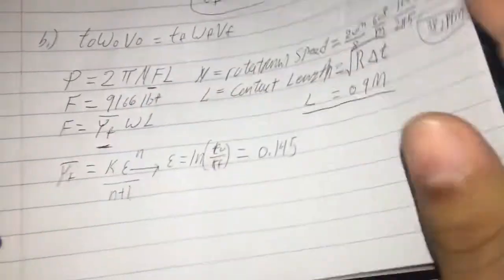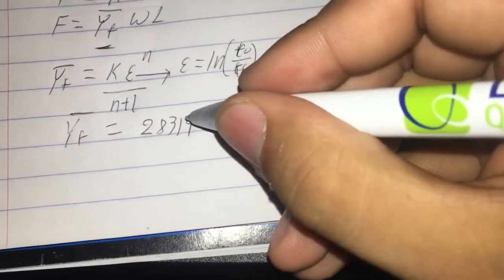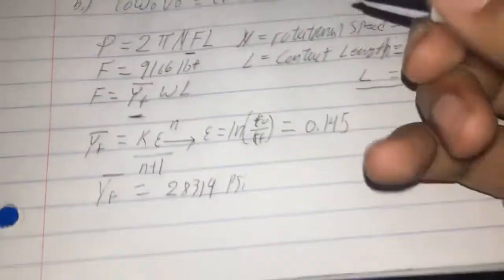If you were to insert everything, YF will equal, oh my goodness, 28319. Sure, we'll go with it. And I'll just write simply as that. It is 28,319 psi.